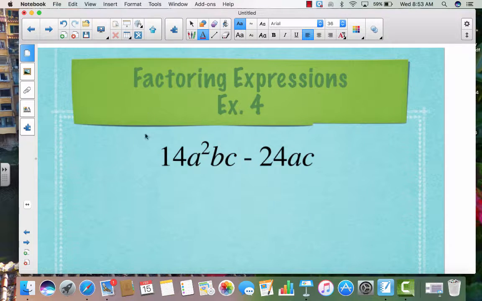We're going to do one more together. So in box 4, again, I'm going to start off getting rid of that exponent.